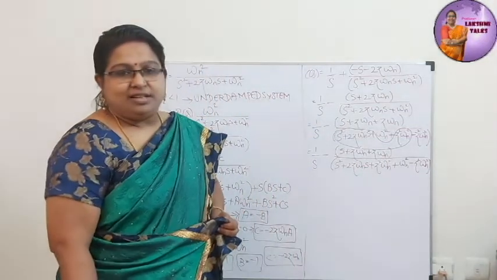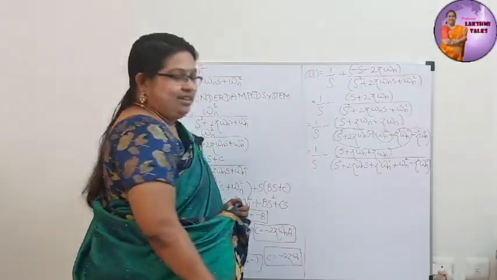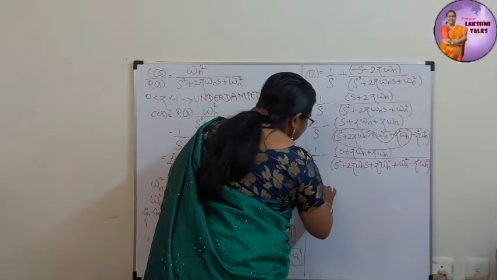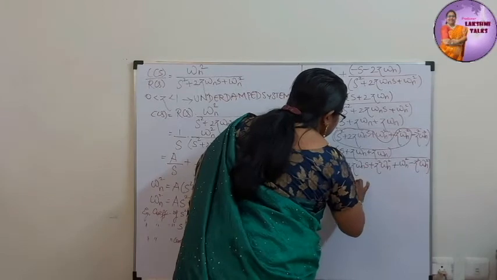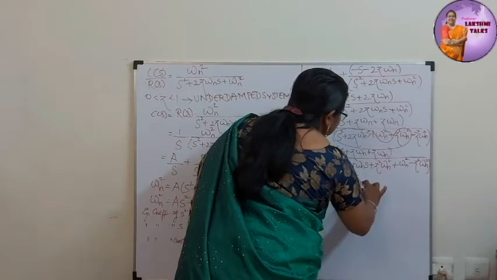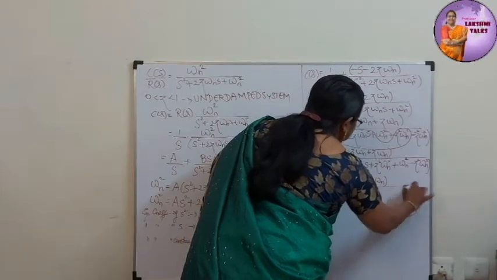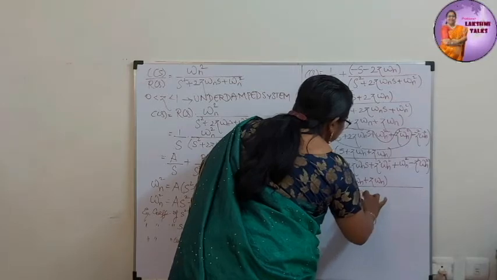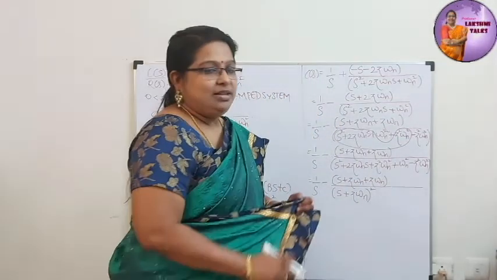What is S square plus 2 zeta omega n s plus omega n square zeta square? This is nothing but of the form S plus A the whole square. So what is the A here? Zeta omega n. So it is nothing but 1 by S minus S plus zeta omega n plus zeta omega n divided by S plus zeta omega n the whole square. What is S plus zeta omega n the whole square?